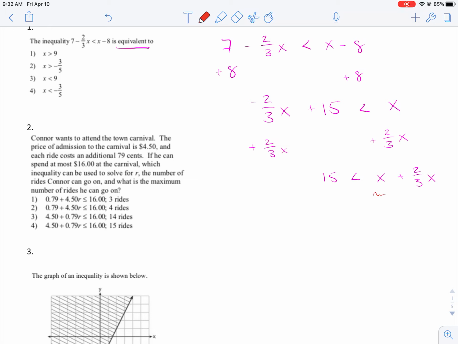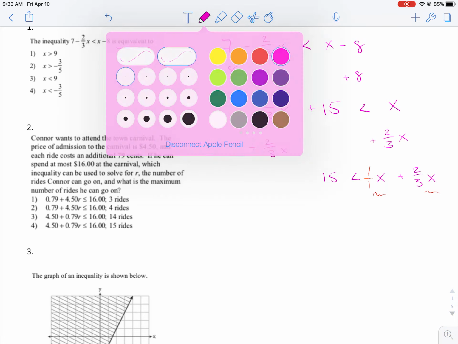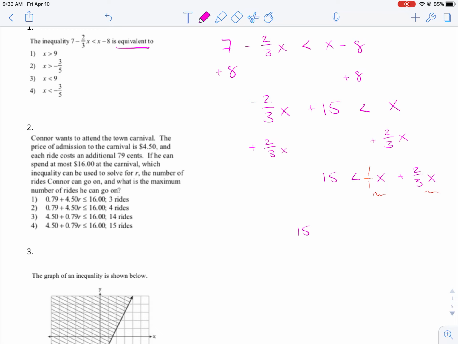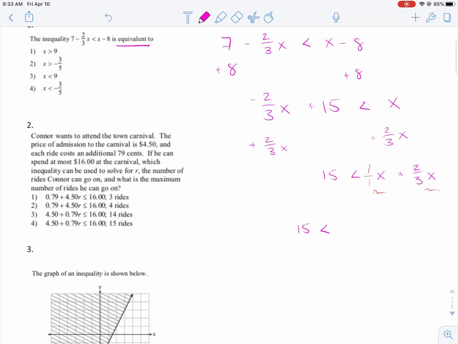Now what stinks about this problem is we got x plus 2/3 x, okay? So these are like terms. As you can see, it's got an x off to the side here. But when we go to add these together, we have to take into account there's a 1 in front of that x, or a 1 over 1.